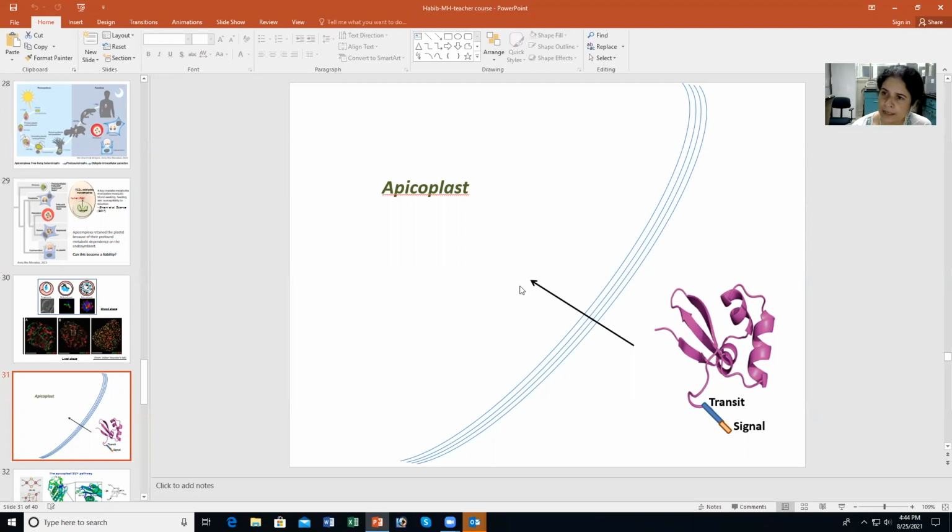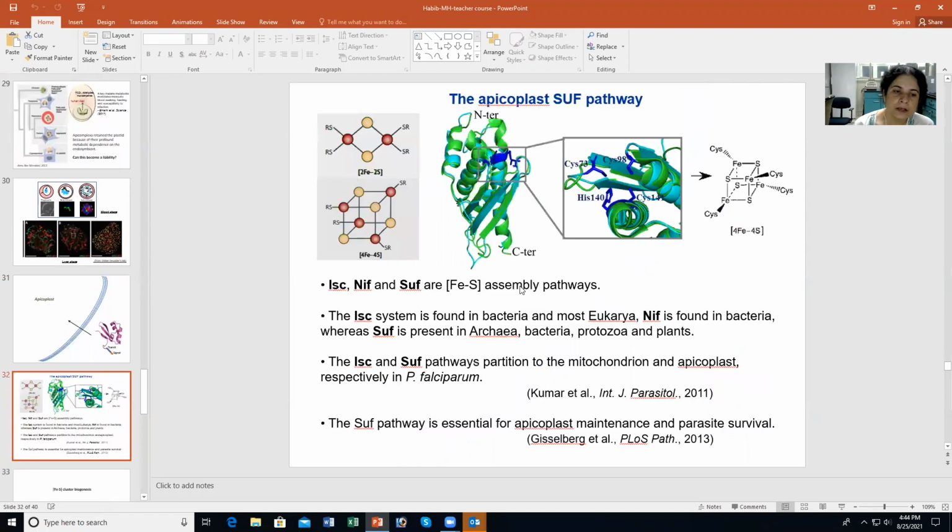And through this, I will try and address 1 or 2 issues of drug targeting and development and the novelty of pathways. Now, what is iron-sulfur complexation? Iron-sulfur complexes are complexes of iron and sulfur.